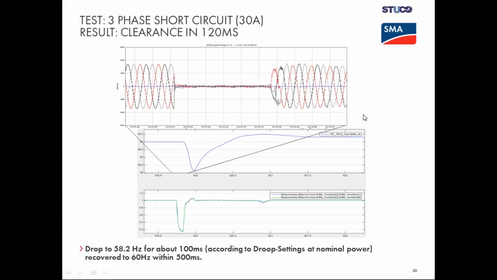Everything simply continued working. You see the influence, the voltage drop and the frequency drop a bit later on. The frequency dropped to 58.2. But still, for such a massive grid disturbance, a very good value.